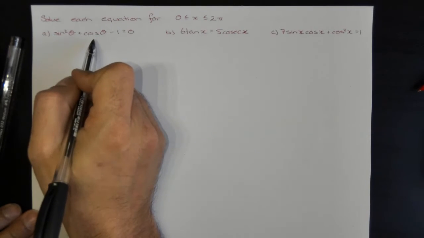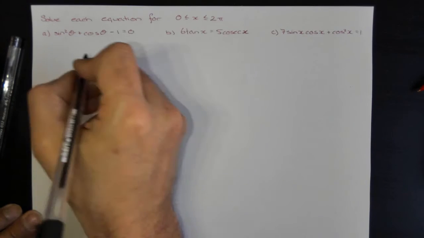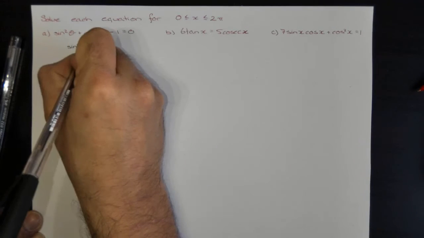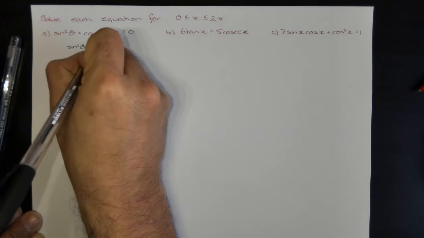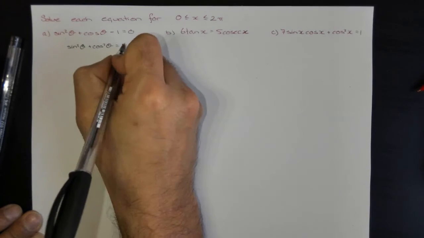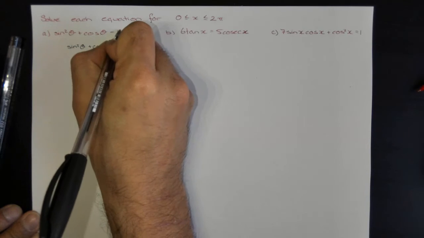So I kind of want to manipulate something. What I do know is that sine squared theta plus cos squared theta equals 1. And so what I'm going to do is substitute this for this value of 1.